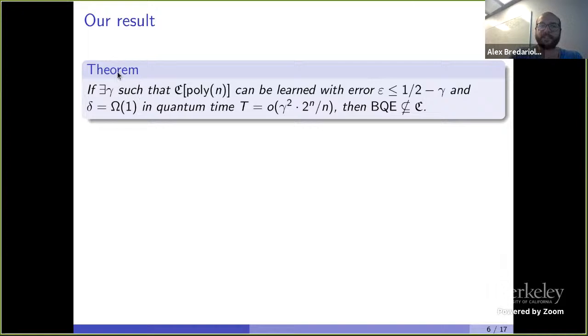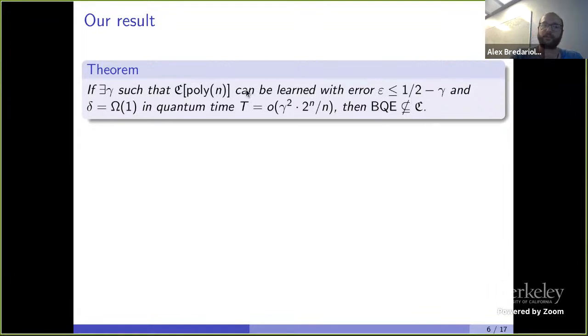What it shows is that if there exists some parameter gamma, that you can pick however you want, such that polynomial size circuits of some circuit class C can be learned with error epsilon and time t, where the error this learning algorithm can make is epsilon equals half minus gamma, and the time that this quantum algorithm can run is gamma squared times 2 to the n over n, then we have that BQE, the problems that can be solved in quantum exponential time, is not included in the circuit class C.